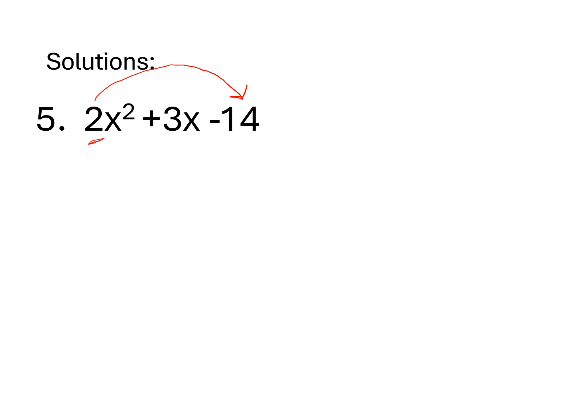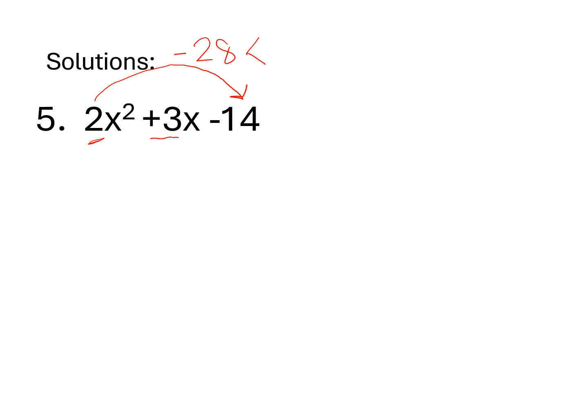Then if we multiply, what is the product? Yes, negative 28. Next, we are going to find two numbers that when we multiply them, the result is negative 28, and if we add the two numbers, the result is positive 3.